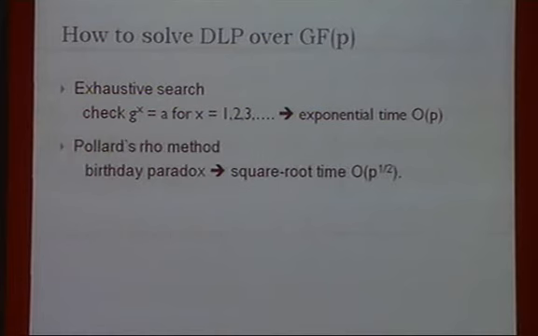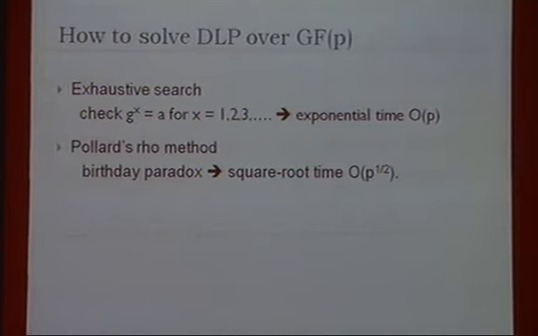This is a very clever idea, and this method uses the birthday paradox. Using this birthday paradox, we can reduce the exponential time quite a lot, to square root time, p to the 1/2. Still, this is exponential time, but we can reduce the time quite a lot. Later, I explain this algorithm.